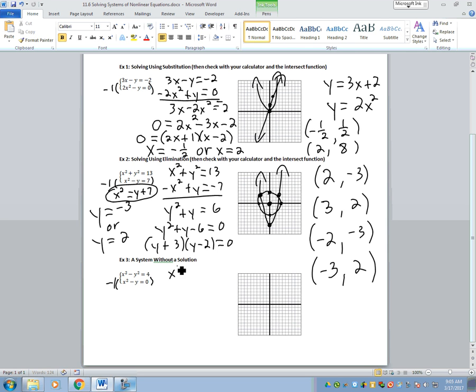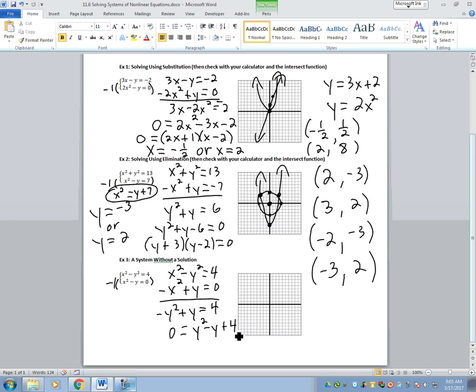So it's x squared minus y squared equals 4. This is negative x squared plus y equals 0. If I add them up, I get negative y squared plus y equals 4. If I move everything over, I have 0 equals y squared minus y plus 4.